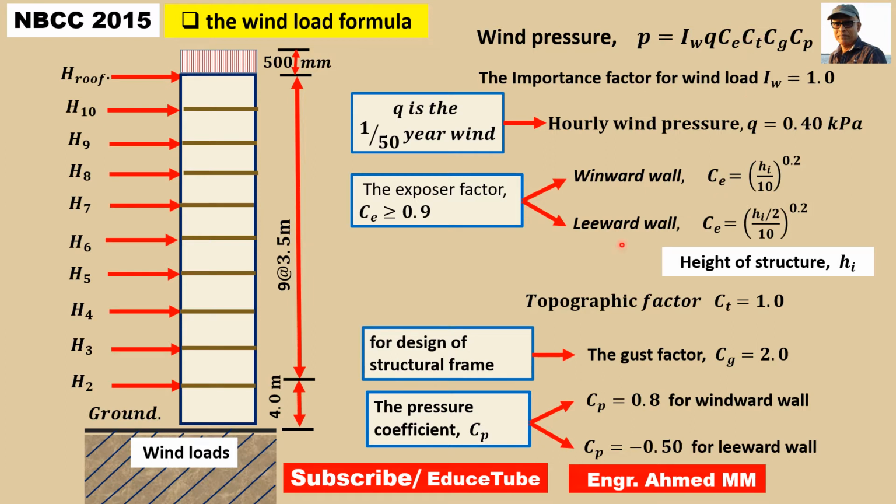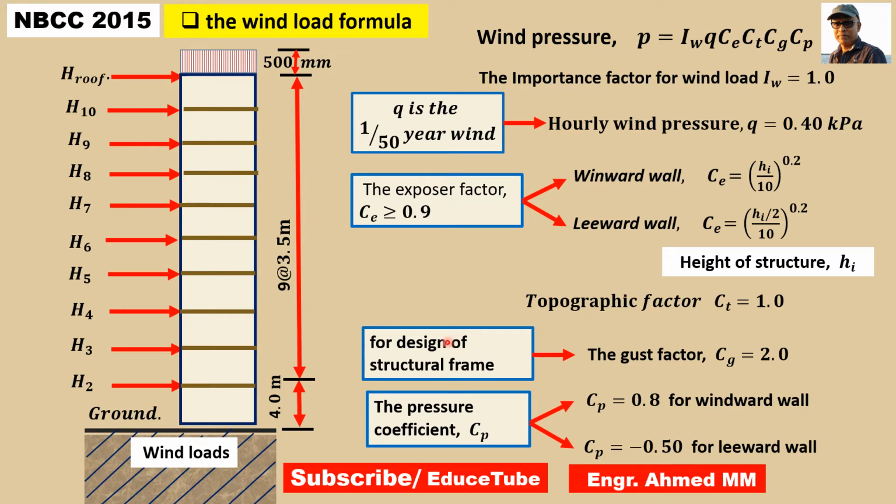Third is CT, the topographical factor. For a normal building, it is taken as 1, because if the building is not located near a hill, our consideration is normal, so it will be 1. Next is the gust factor.